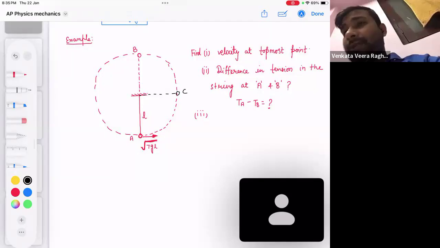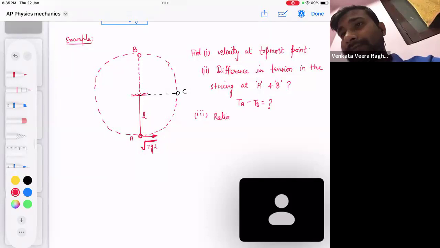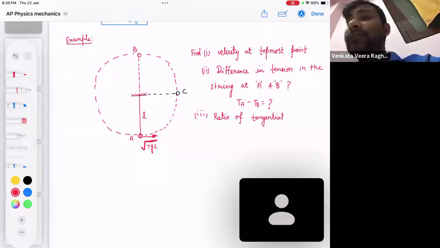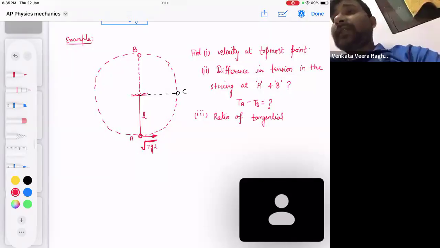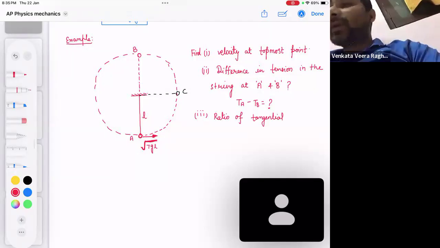So in the third question, what you have to find is the ratio of tangential and centripetal acceleration. It's a non-uniform circular motion. Vertical circular motion is a non-uniform circular motion. And in a non-uniform circular motion, we have both kinds of acceleration, tangential as well as centripetal.